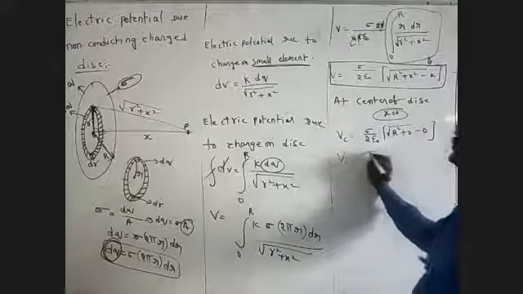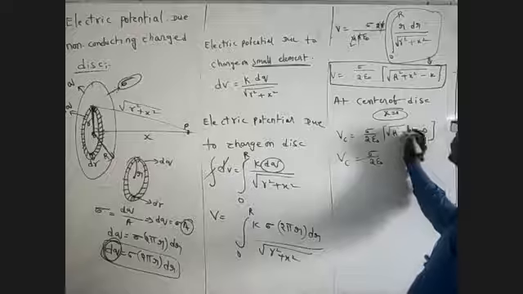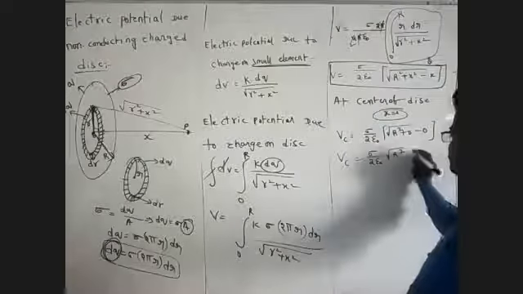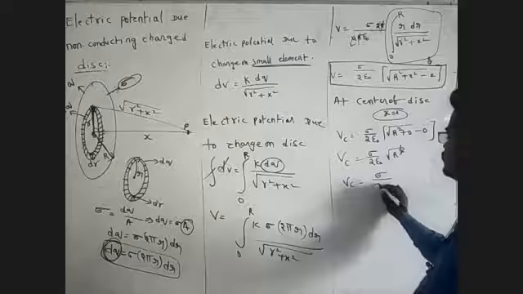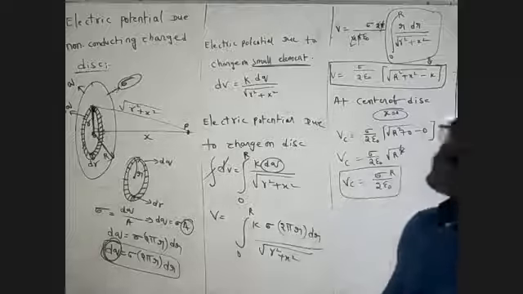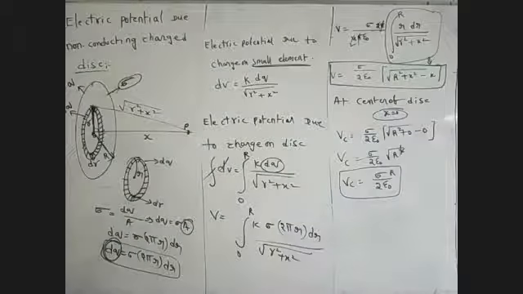The 0 minus 0 cancels. This is equal to sigma by 2 epsilon naught times R, which is the electric potential at the center of the disk. That is your answer.